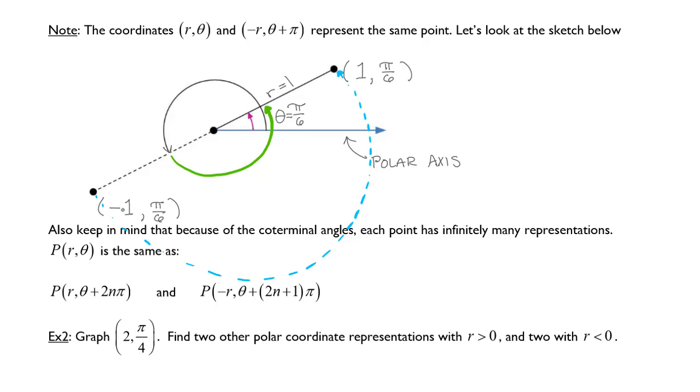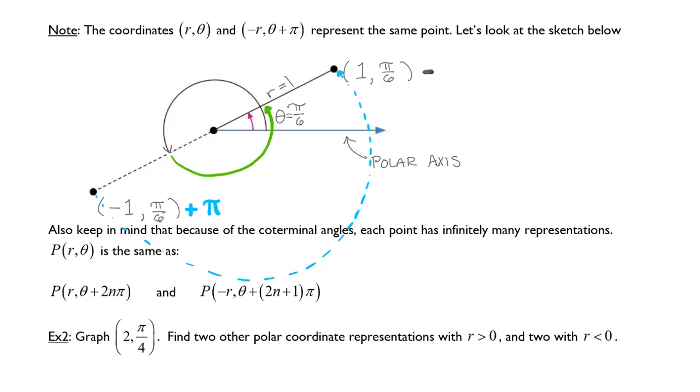So saying that we have negative 1, comma pi over 6, this point, when we add pi, we would come back to 1, comma pi over 6, that point.